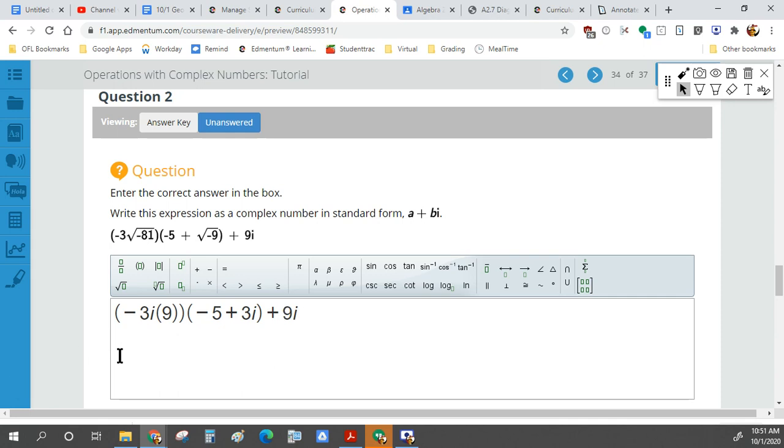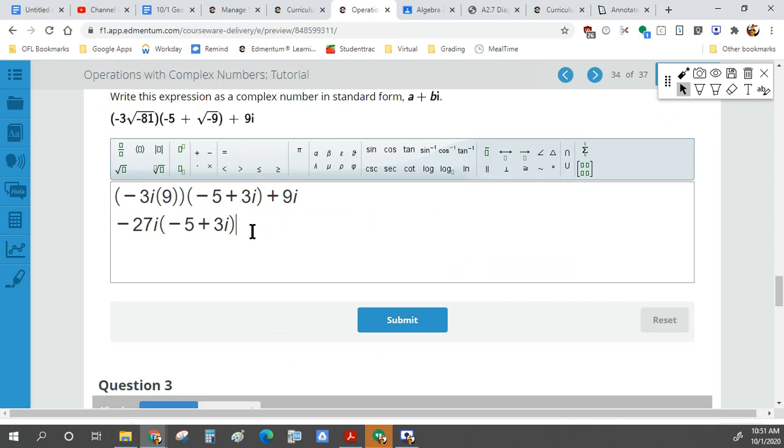Our next step here would be to do negative 27i, because we're multiplying it, distributing it out into this negative 5 plus 3i. You know what? I just realized I'm typing all of this in, and then it's going to make me just do the answer again.